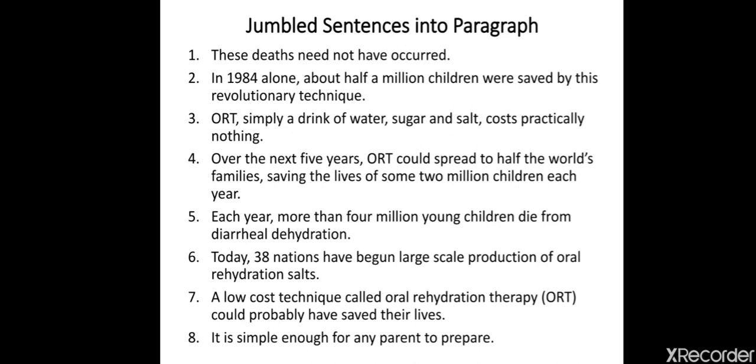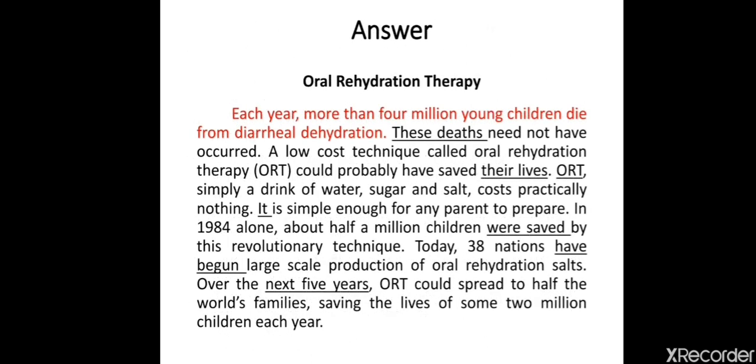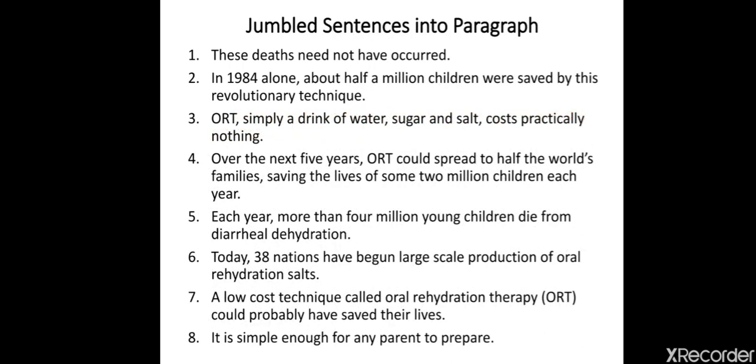All these ideas we can apply here using these jumbled sentences. The topic sentence is: each year more than 4 million young children die from diarrheal dehydration. It is somewhere in the middle, the fifth point.